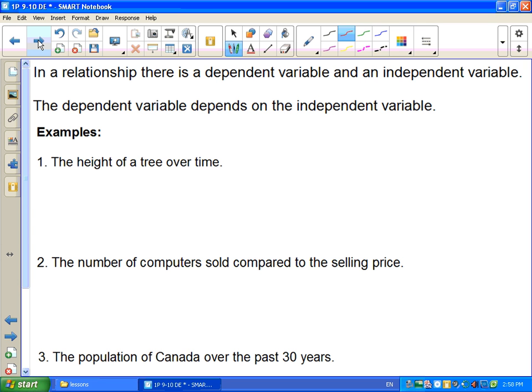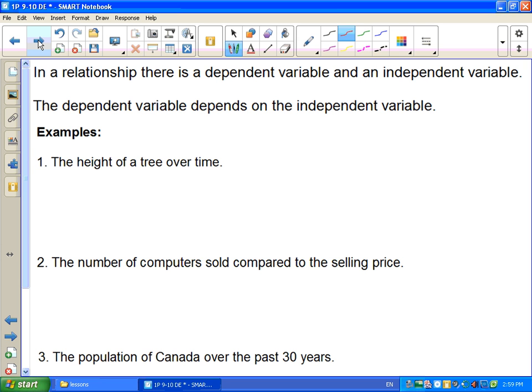In any relationship that we have between two variables, we're going to have a dependent variable and an independent variable. And the relationship between the two of them is here in the second line. The dependent variable always depends on the independent variable. So one thing always depends on the other. Now, why is it important to be able to recognize the dependent and the independent variable?